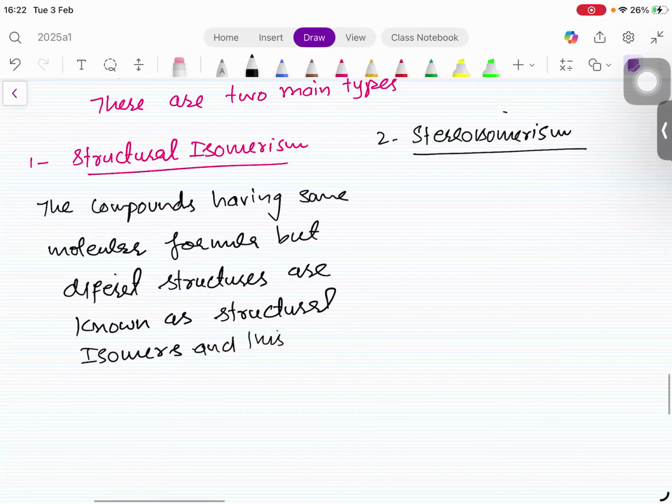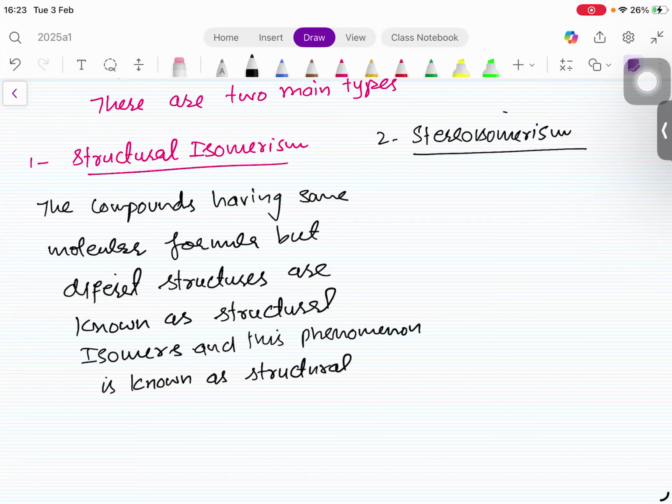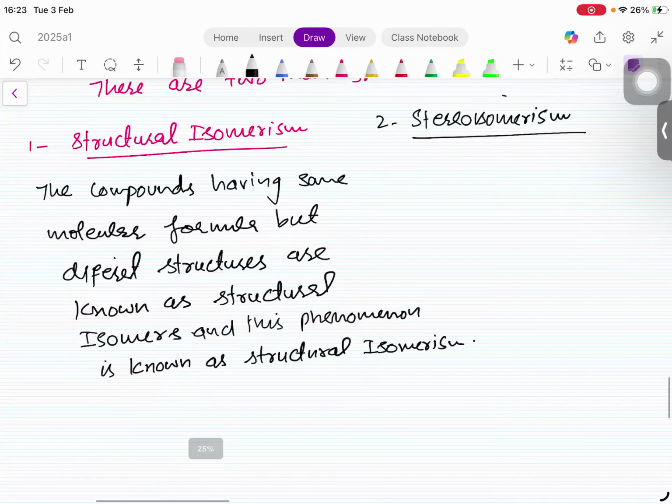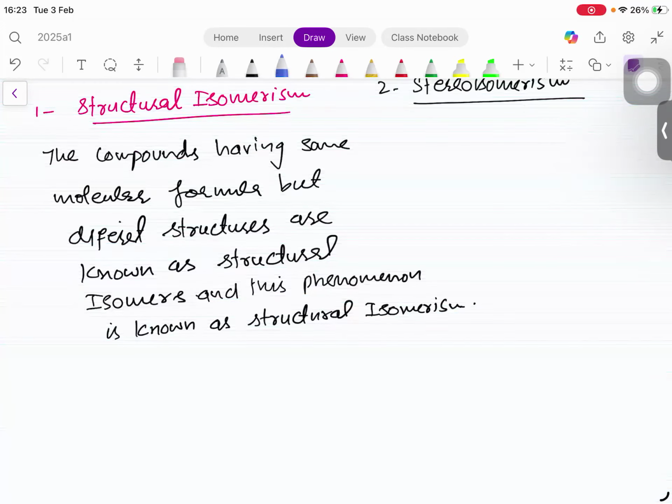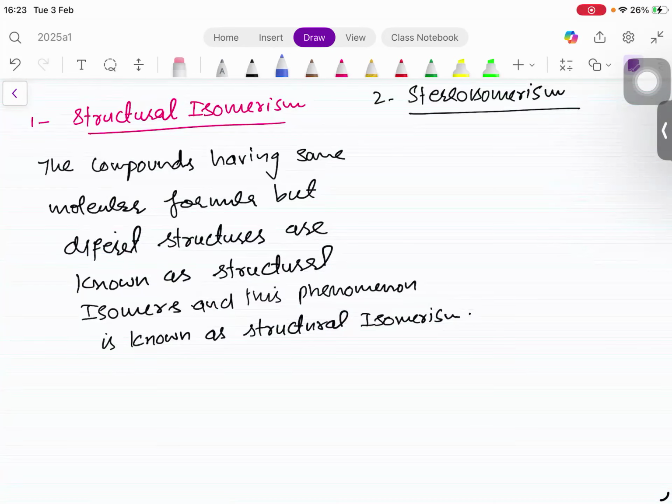This phenomenon is known as structural isomerism. There are the following types of structural isomerism.